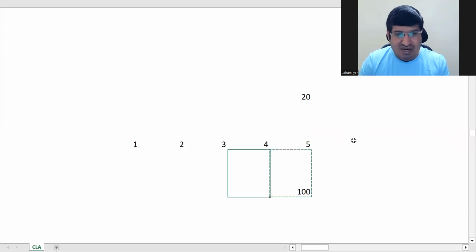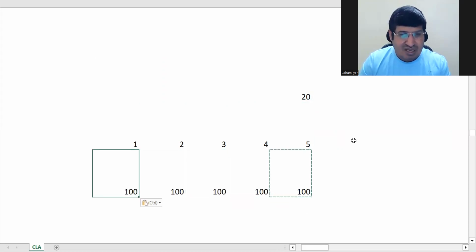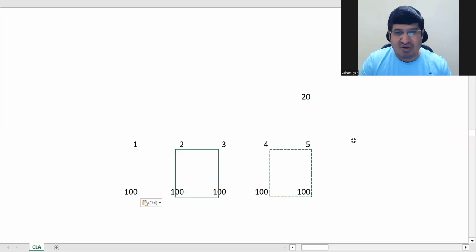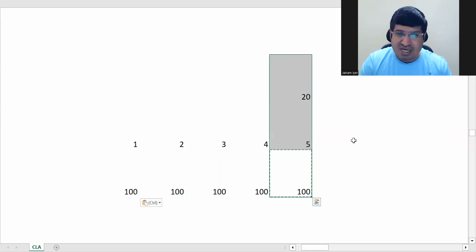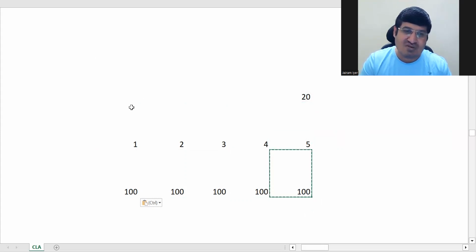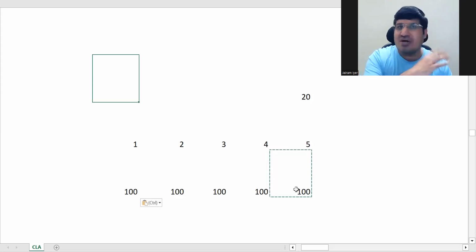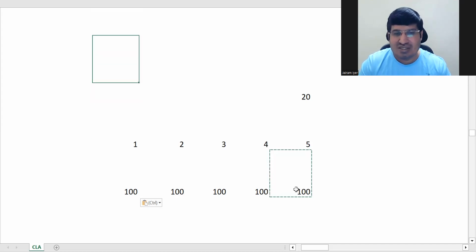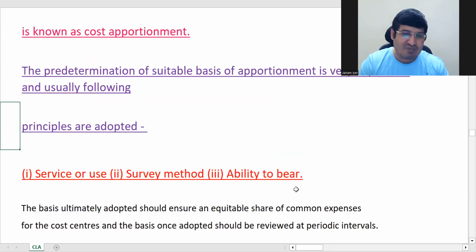Even if ideally you would have given an equal share, this cost center cannot bear that much cost. So in this case, some cost center which has got a higher share of the cost, the more important cost center, will take some part of it back. This is called ability to bear.